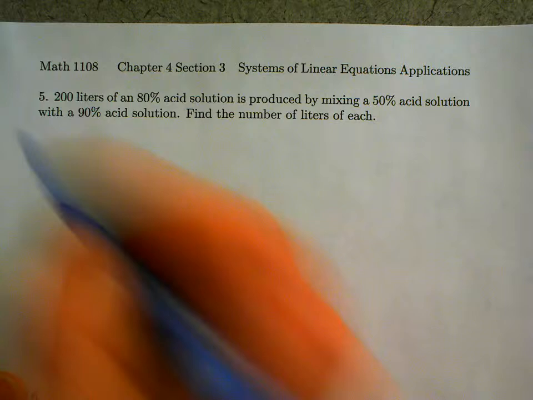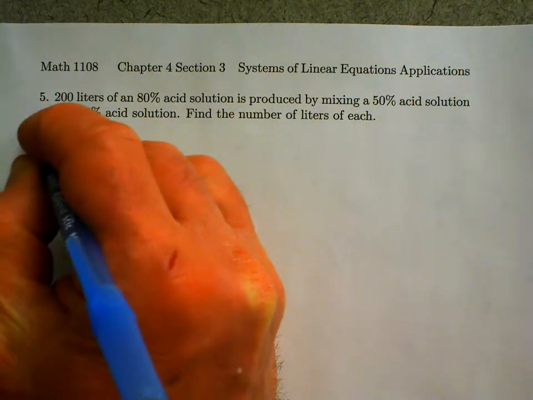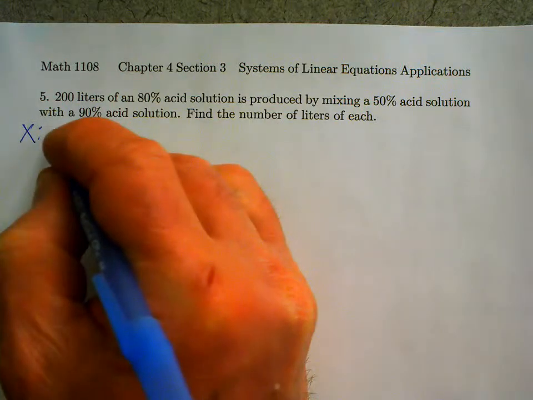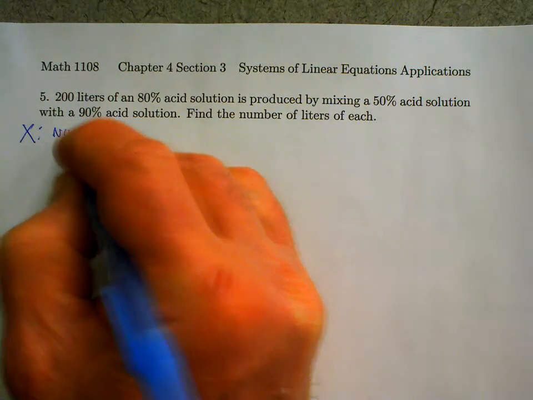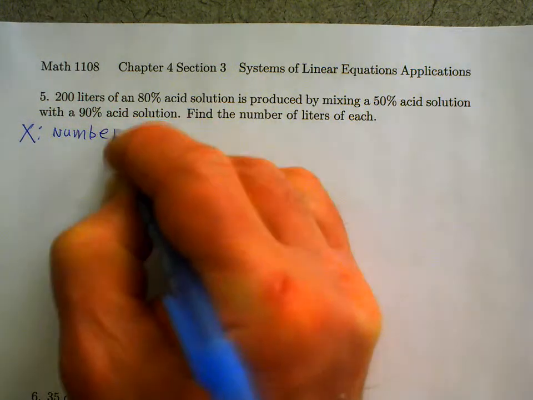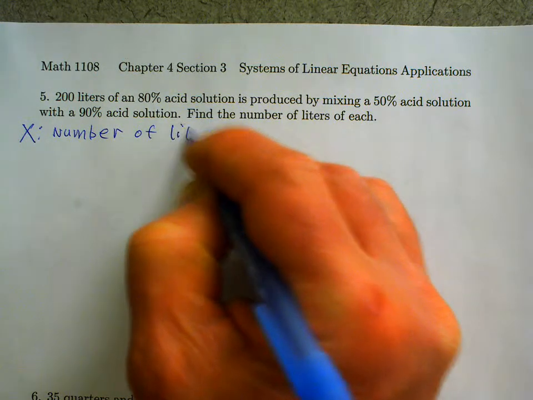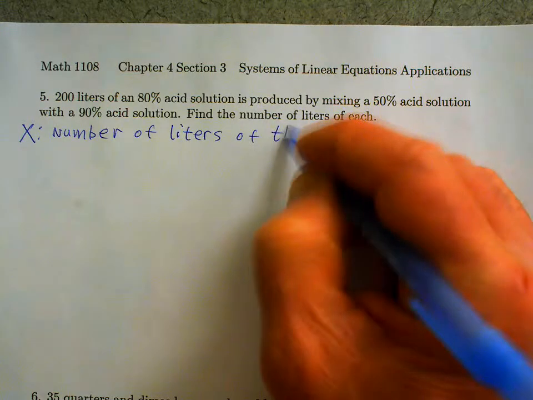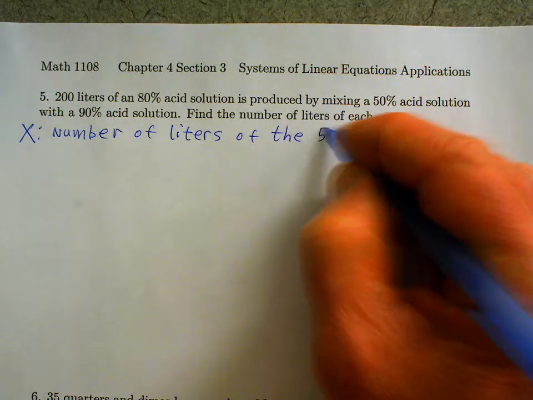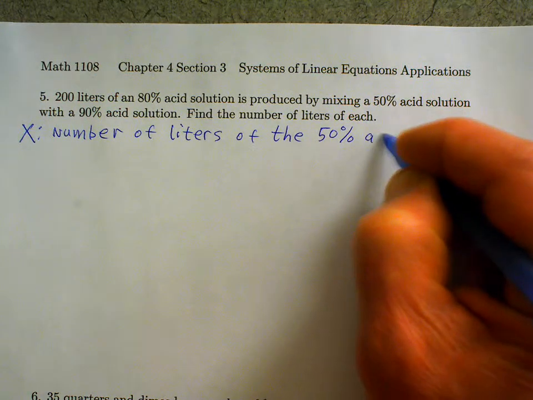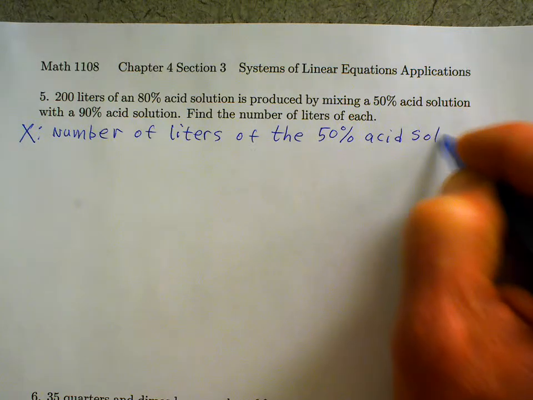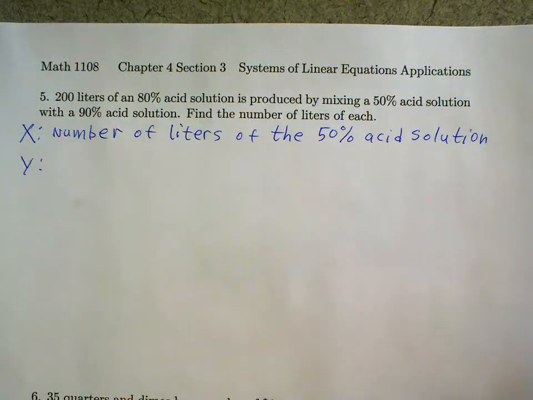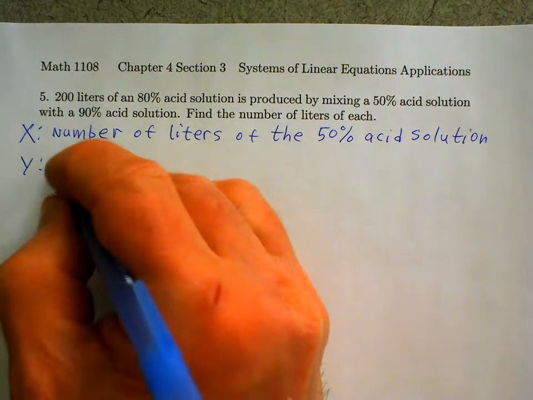Okay, so we have two quantities to find. I pick X to be the number of liters of the 50% acid solution, and then pick Y to be the number of liters of the 90% acid solution.